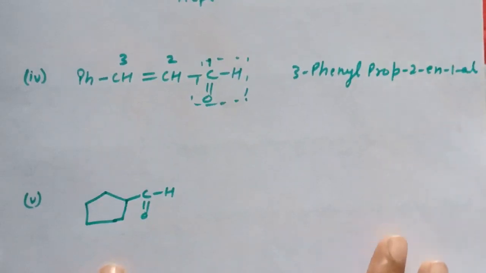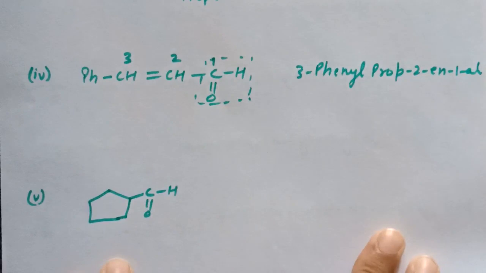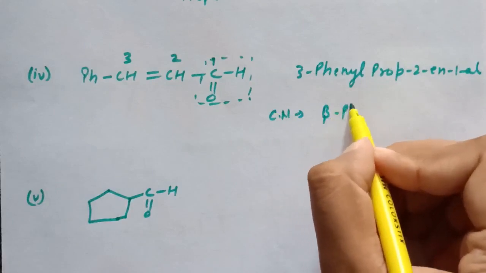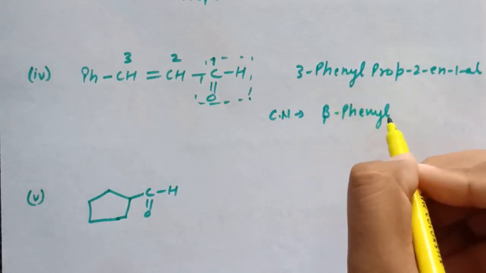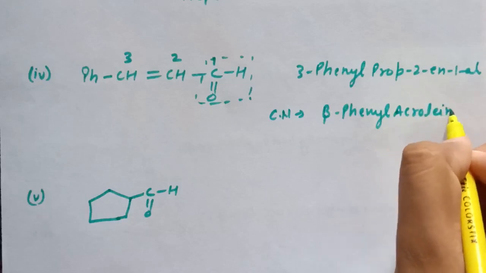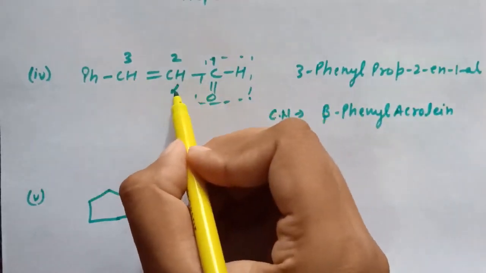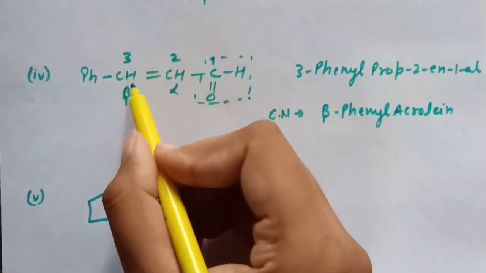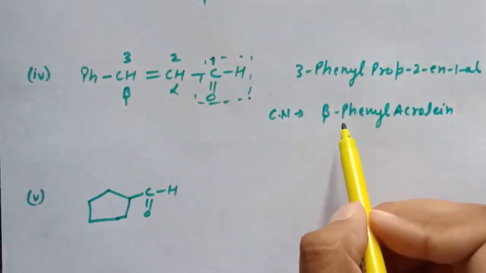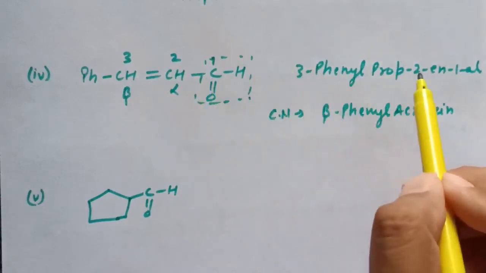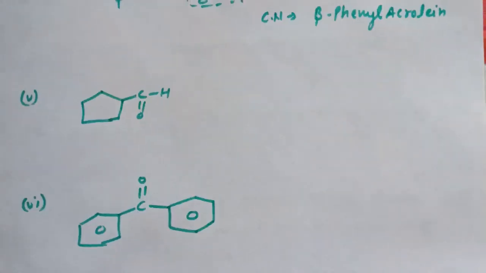This is the IUPAC nomenclature for this compound. And the common name is beta-phenyl acrolein. This position is beta, this is alpha, this is beta. So at beta a phenyl group is there and this is acrolein. So the common name is beta-phenyl acrolein and the IUPAC nomenclature is 3-phenyl prop-2-en-1-al.